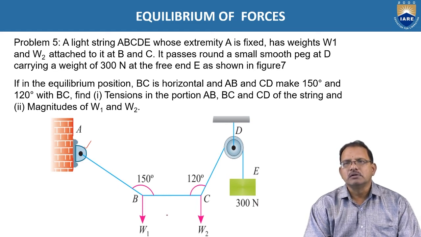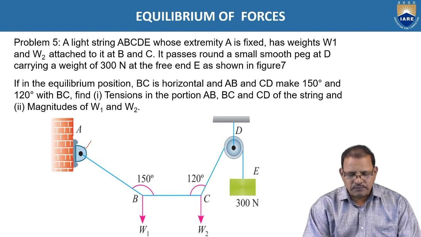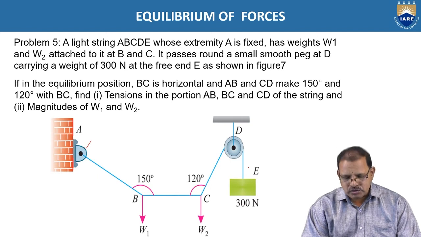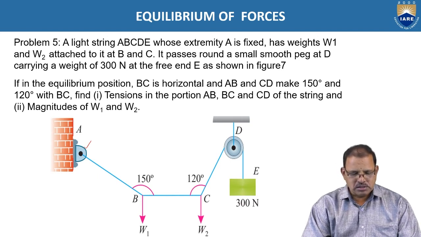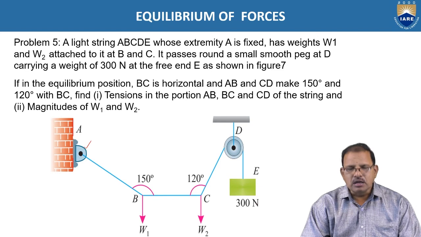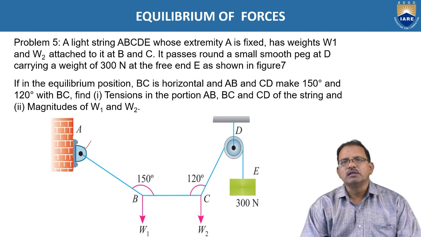It passes around a small smooth peg at D, carrying a weight of 300 newtons at the free end E as shown in the figure. Since the pulley is weightless and frictionless, on both sides of the pulley it has the same tension.